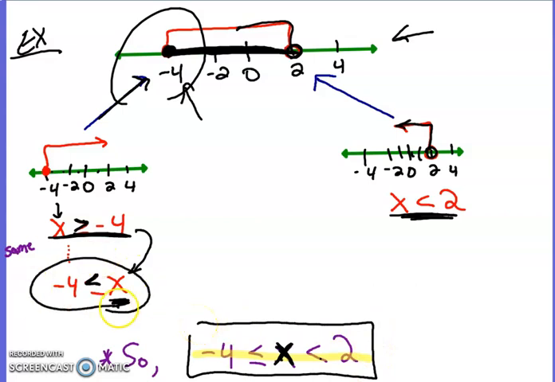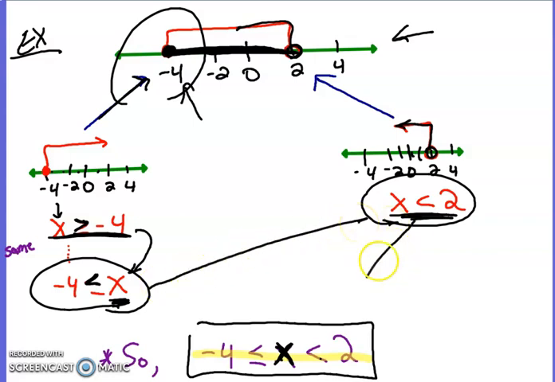You're writing this combined with this. You're just pushing those two together. So here you have x is less than 2. Here you have x is greater or equal to -4. This is a compound inequality. It's saying x is in between those two values. Again, it does include -4. It does not include 2.